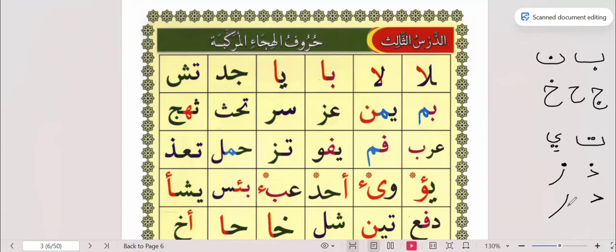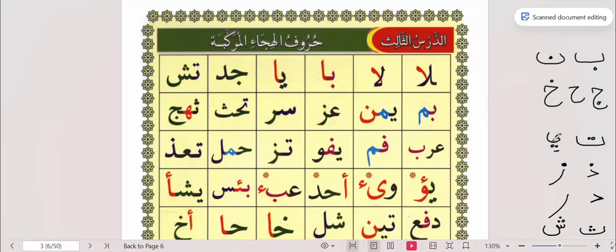Similarly, if we go for the three dot letters like letter Tha and letter Sheen, the shape of these two letters will be different, but the dots will be the same. So these are some of the details that a student should know: the difference between Ba and Noon; the difference between Jim, Ha and Kha, where the basic shape of the letter is the same but the positioning of the dot is totally different.